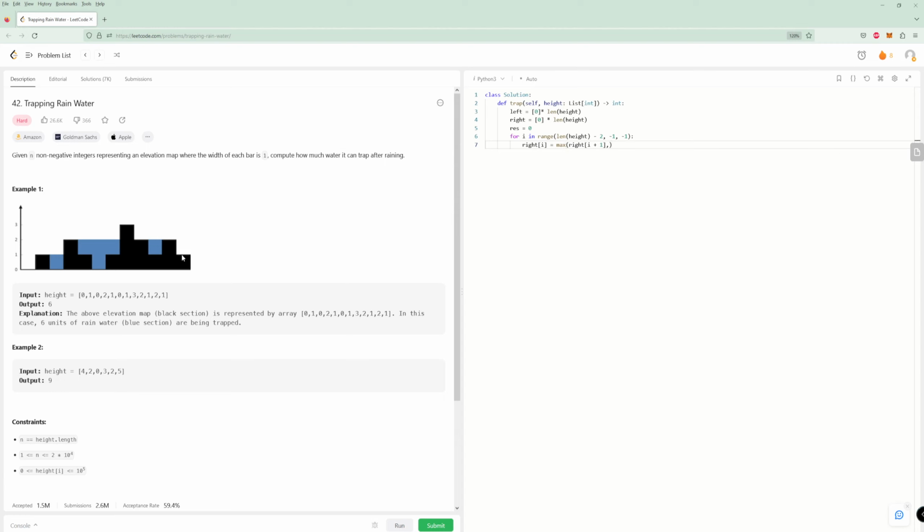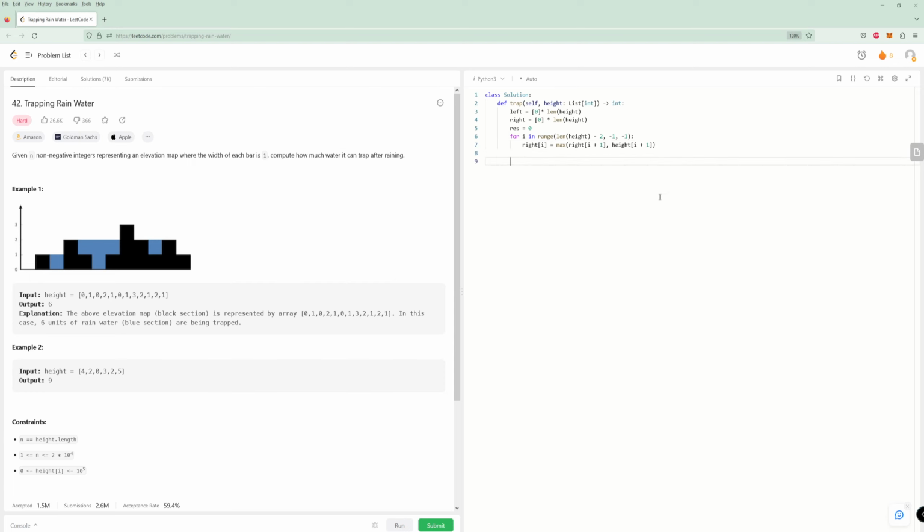Well, it's going to be the max of whatever the right was, which means anything to the right of this. If there's something bigger, it's going to be the max of anything to the right of this and the actual brick itself, right? Whichever one's bigger, the one to the right of what we're doing, or anything to the right of here, which is this right thing. So that's going to be height I plus 1, I believe. Okay, so that's populating that. I think that's pretty much done there.